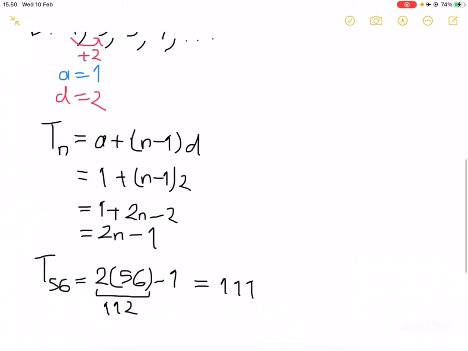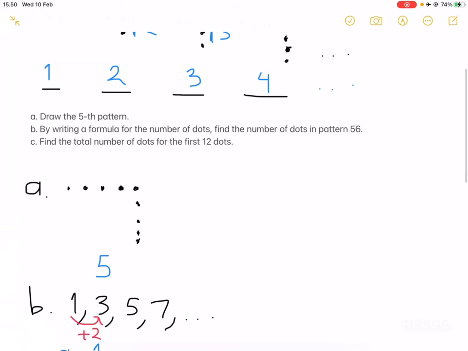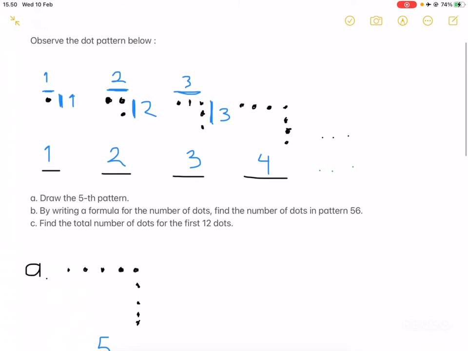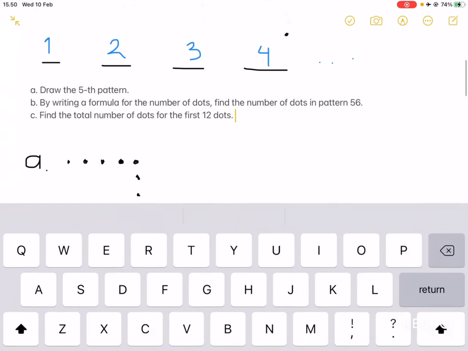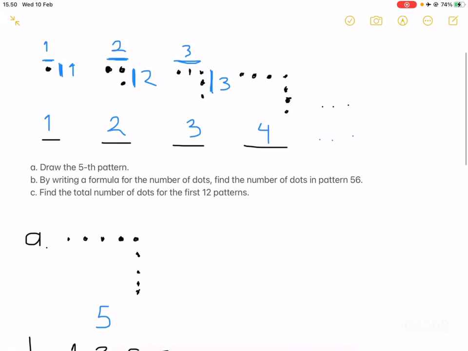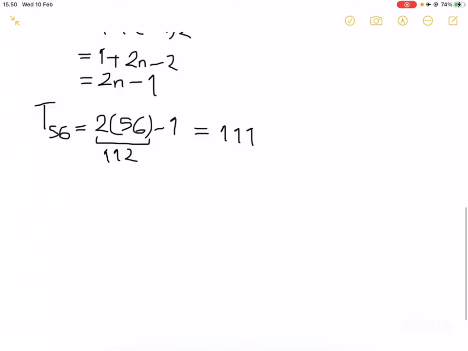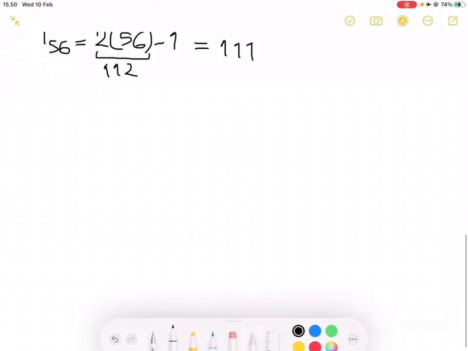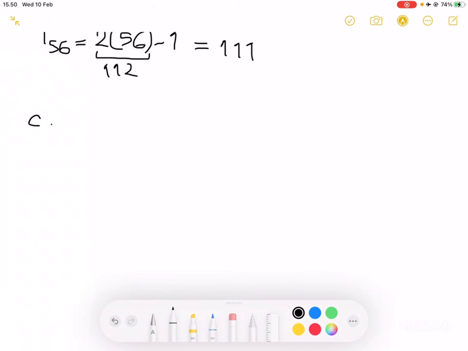And okay, for the C part, we need to find the total number of dots for the first 12. This is a typo. This is supposed to be a pattern. Okay, since we know the dots actually form an arithmetic sequence, you can just directly use the formula for the sum of the first n terms in an arithmetic sequence.